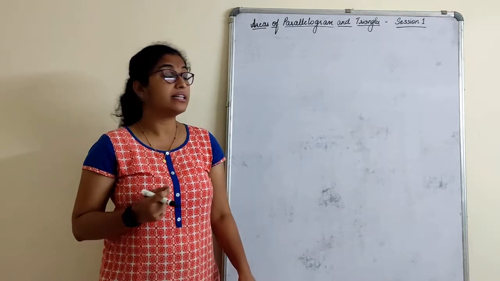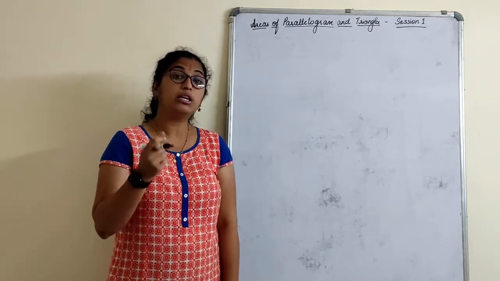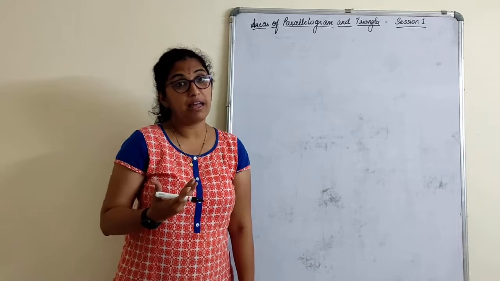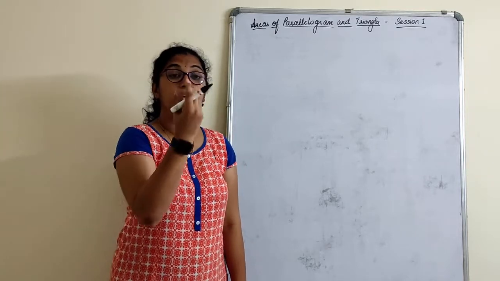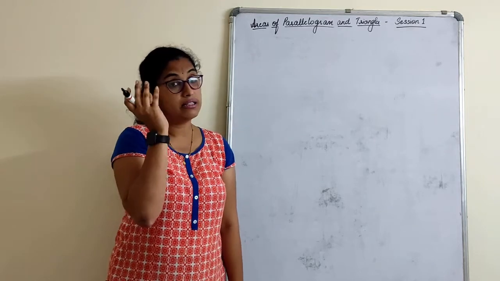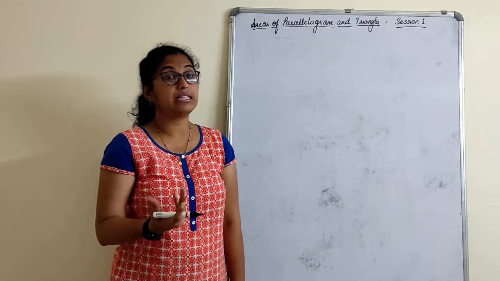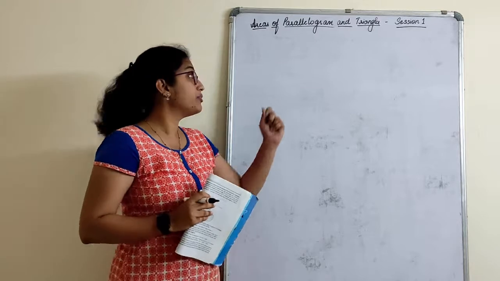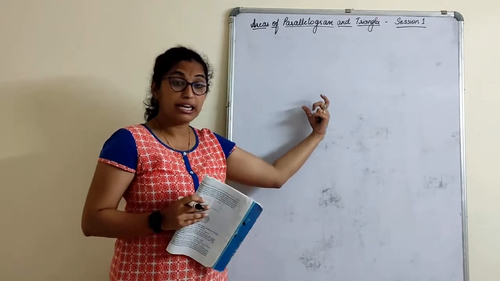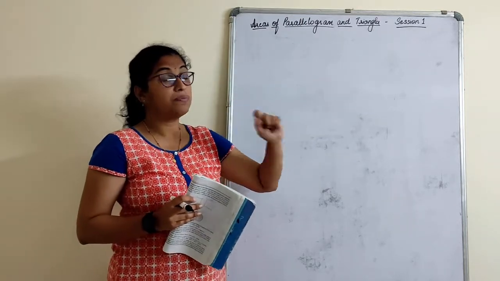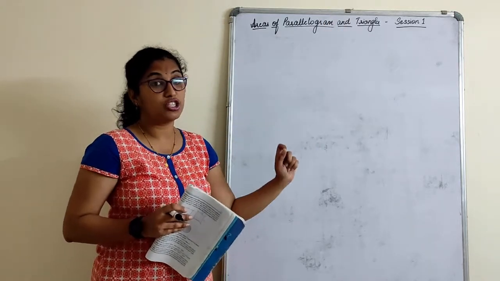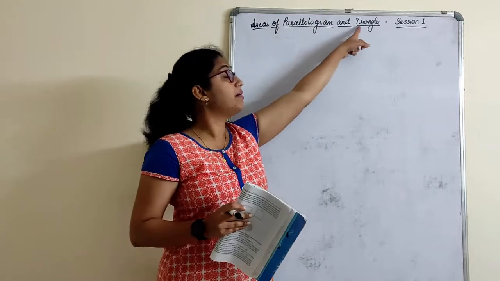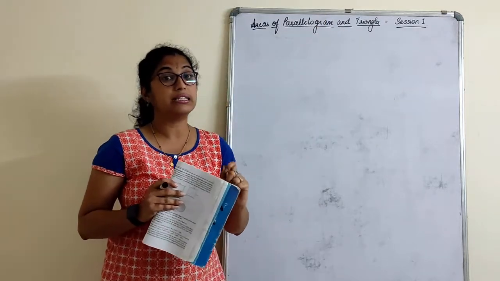When we talk about areas of parallelogram and triangle, we discuss parallelograms and triangles standing on the same base and between the same parallels: the relationship between two parallelograms standing on the same base, the relationship between two triangles standing on the same base, and the relationship between a parallelogram and a triangle standing on the same base.